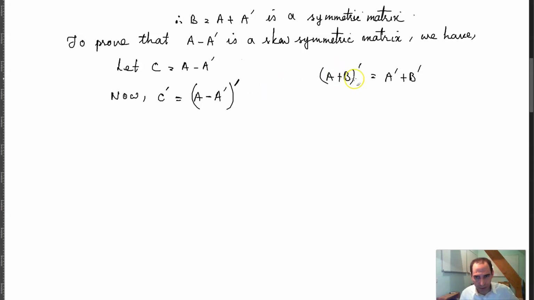So what that means is that if I write this as A plus negative B whole transpose, then of course that's going to be equal to A transpose plus negative B whole transpose, based on this.